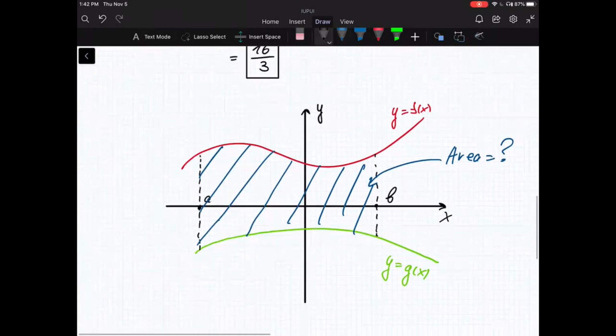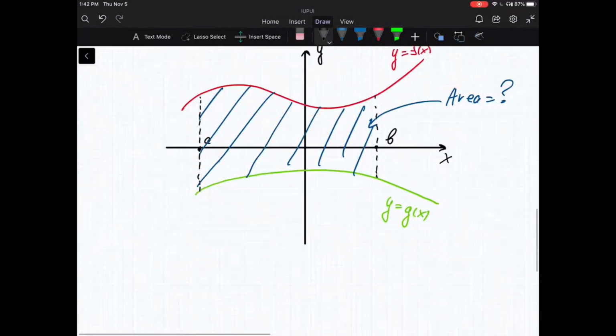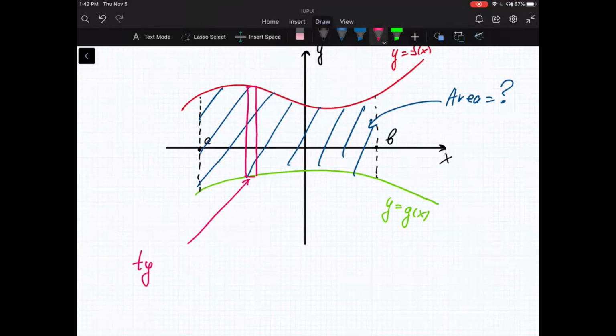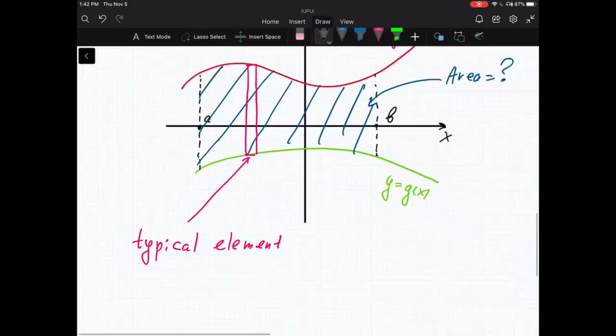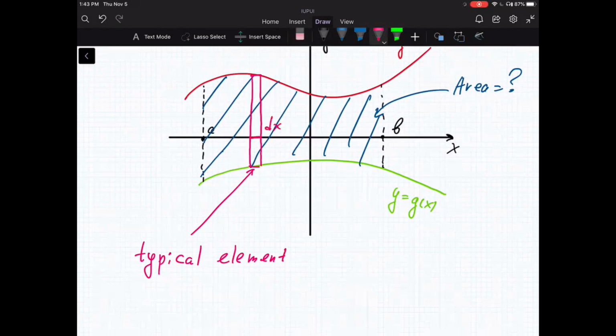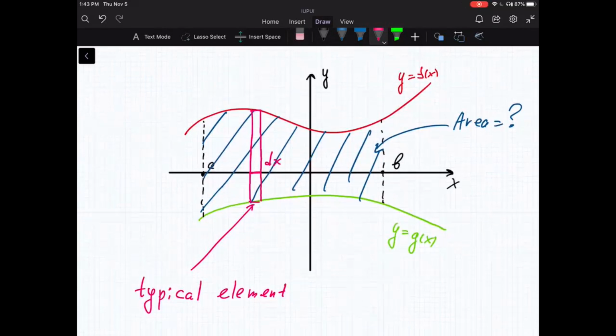And in fact, you can repeat the same steps that we did. So let's introduce a typical element. So let's choose some rectangle here. So this is my typical element. It's still a rectangle, and even though the base is the same, say dx, my height is of course not just f of x.